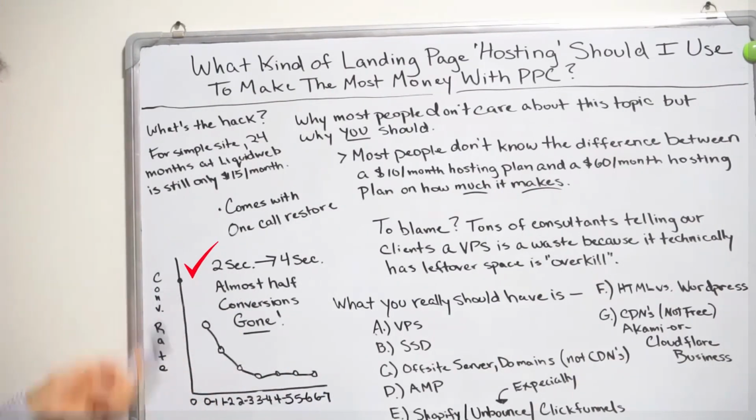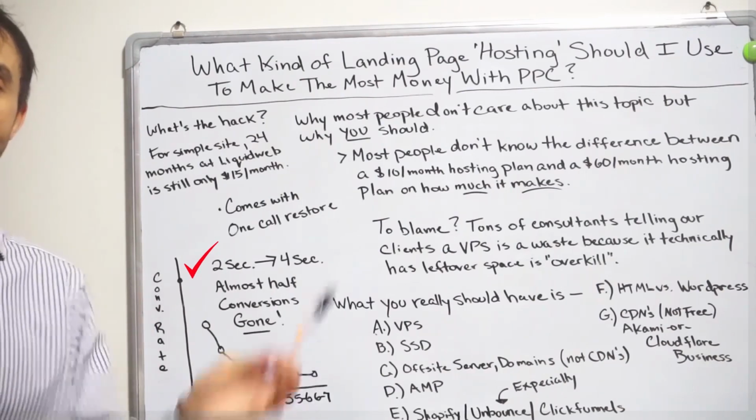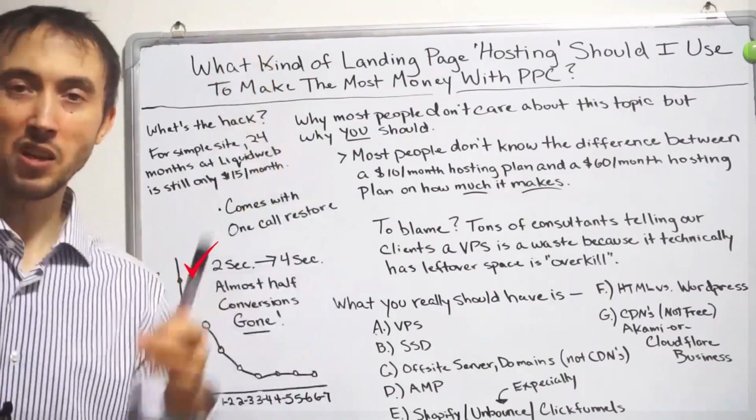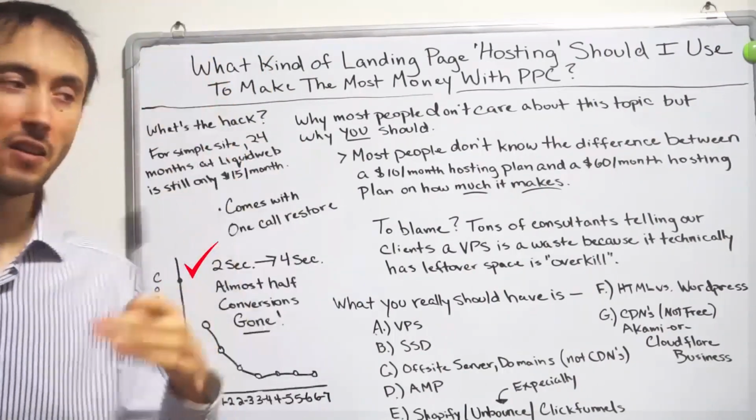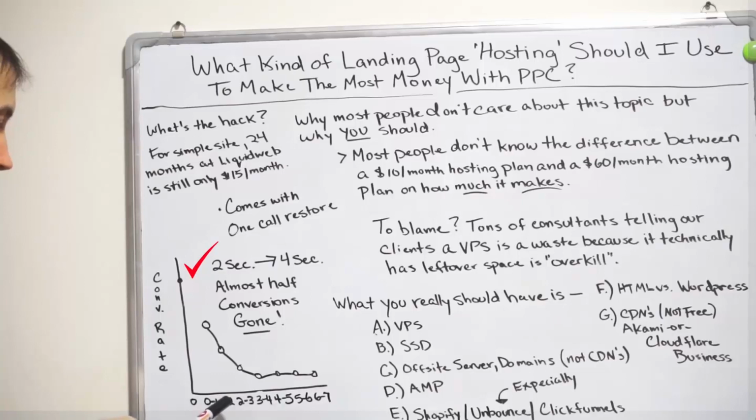This shows what your conversion rate is as an end result of how long it takes for the user to download the landing page you're taking them to on your site. If it takes 2 seconds, you're somewhere up here on the chart.